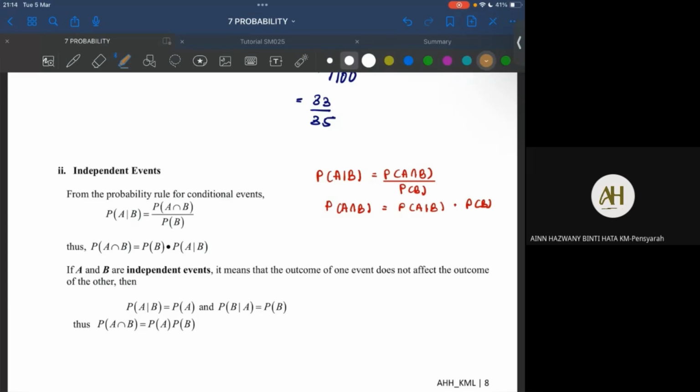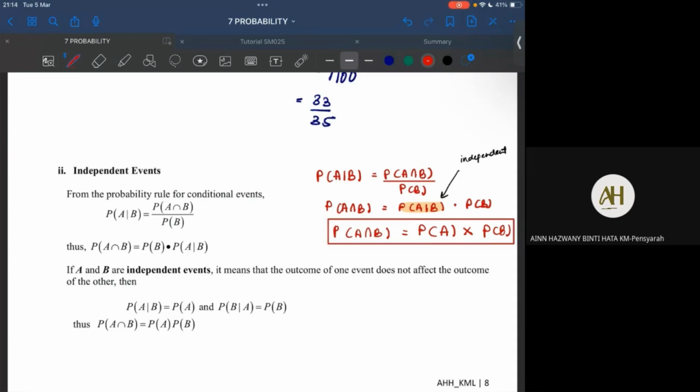So, ini independent. Okay. Bila dia independent, given that independent is does not affect the other, so apa yang kita ada dekat sini, kita akan end up dengan P A intersect B is equals to P A darab dengan P B.